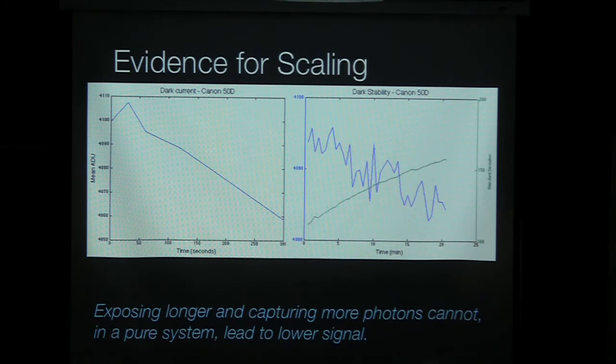As far as I know, if you have photons coming in at a certain flux, worth of dark current coming in, there is no way that if you go longer, you are going to have fewer photons. I just can't make that make sense in my head. Again, I've shown things like the variance going up, which says that yes, in fact, there really are more coming in. It's just that something is going on to make the signal itself go down.